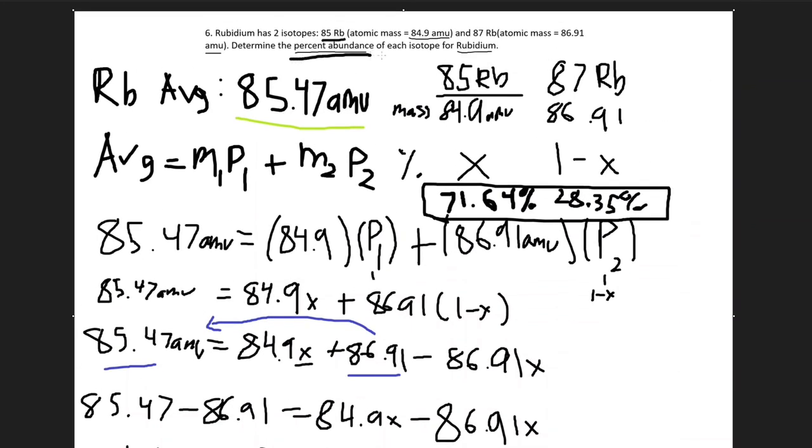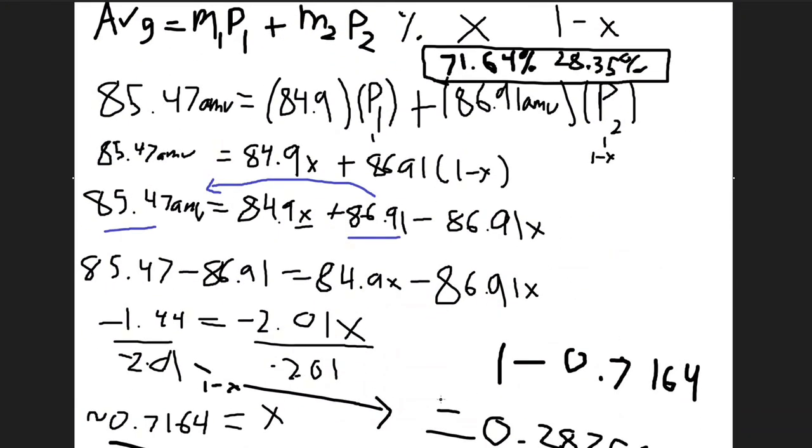Determine the percent abundance of each isotope for rubidium. We found that 85 rubidium is 71.64% of rubidium, and 87 rubidium's percent abundance is approximately 28.35%. So those are our final answers.